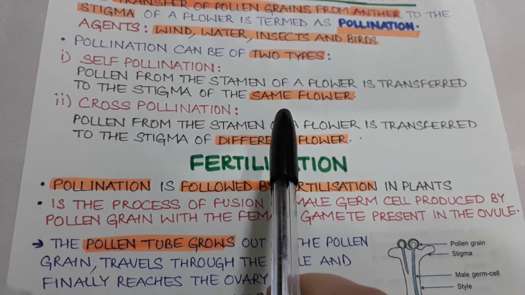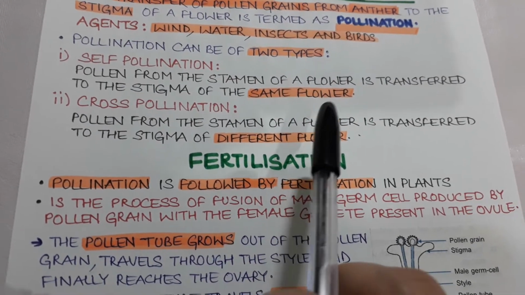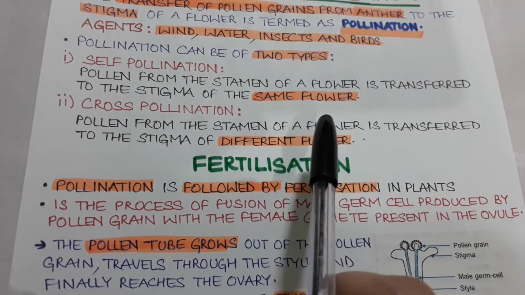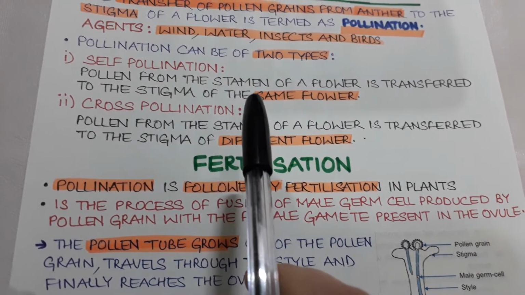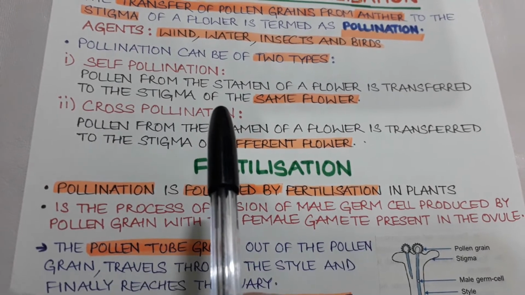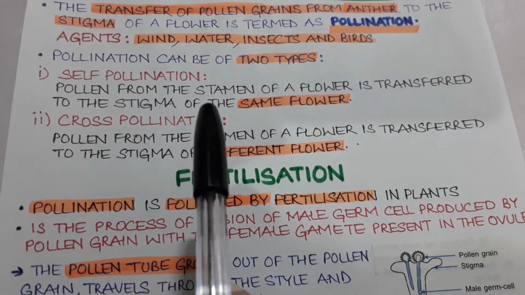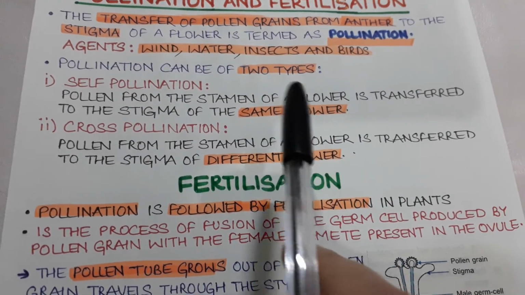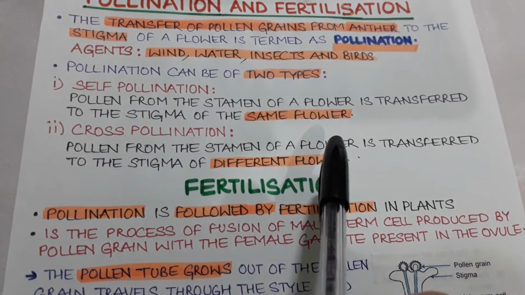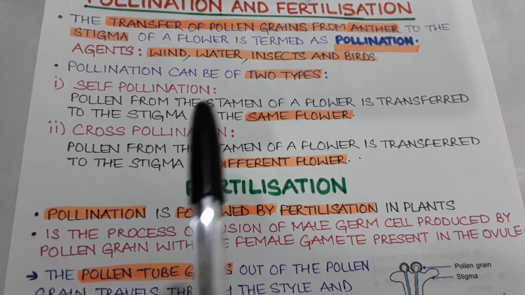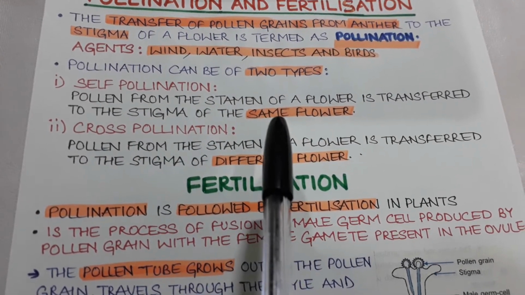It means self-pollination occurs in a bisexual flower that has both the male reproductive part, stamen, and the female reproductive part, that is the carpel or the pistil. So, self-pollination means within the same plant or the same flower, when the pollen is transferred from stamen to the stigma, it is termed as self-pollination.